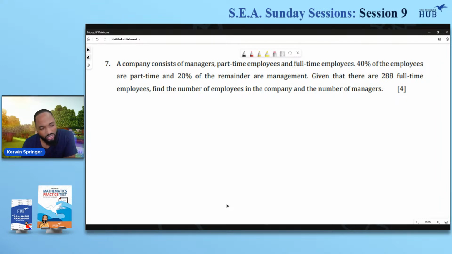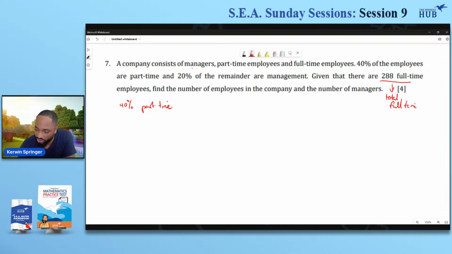This isn't too much on equal sharing, but has some ideas there. Okay, so 40% part-time. You can work out how much this is, because they gave us the total. This is the total full-time, yeah?